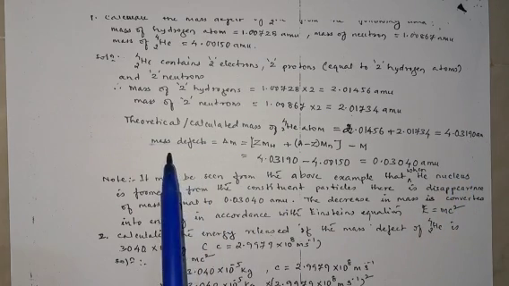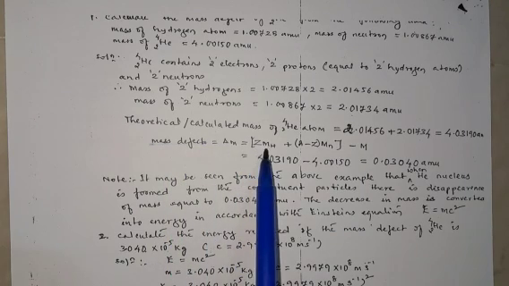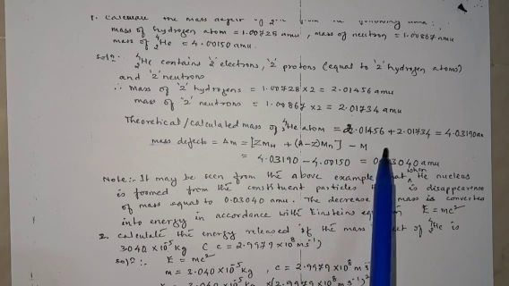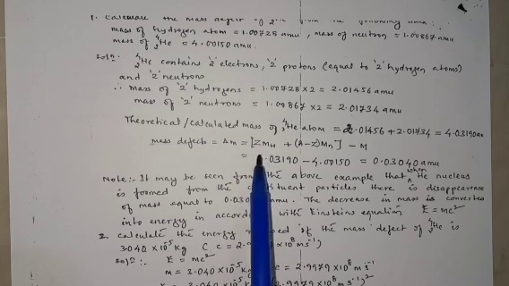The mass defect can be calculated using this relation: Z into mH plus (A minus Z) into Mn minus M, where Z is the atomic number.